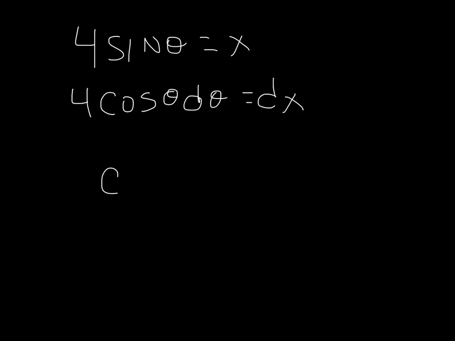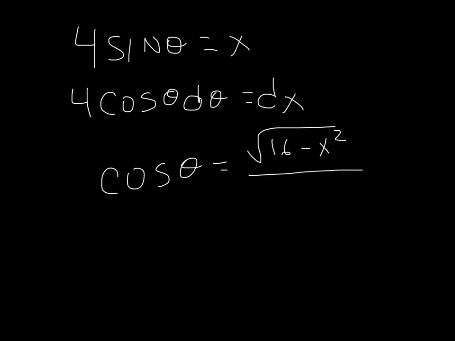And we know that cosine theta is equal to the square root of 16 minus x squared divided by 4, because we know that cosine is equal to adjacent over hypotenuse.